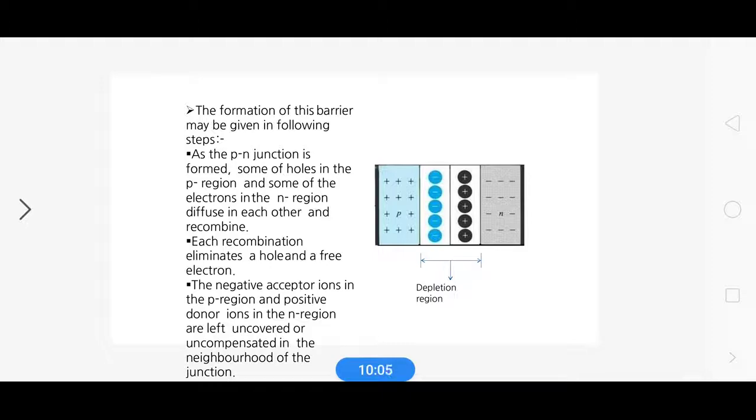Negative acceptor ions in the p region and positive donor ions are created in the n region after a few recombinations.